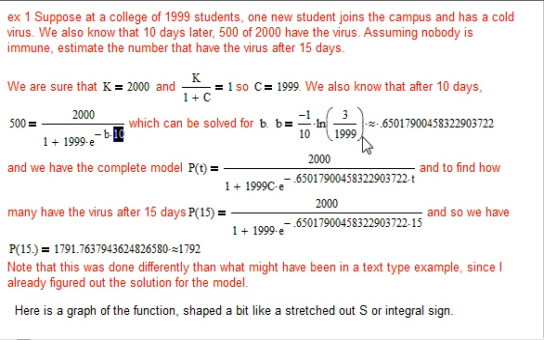But we can solve that for B, and trust me on this one, it doesn't take too long. If you multiply both sides by the denominator, divide both sides by 500, then subtract this 1, then divide both sides by 1999, then take the ln of both sides, eventually you'll get there.